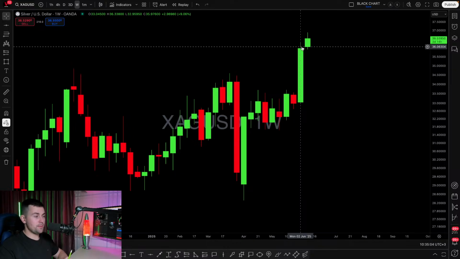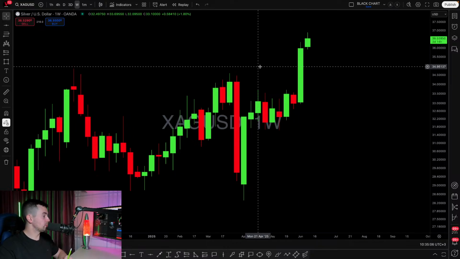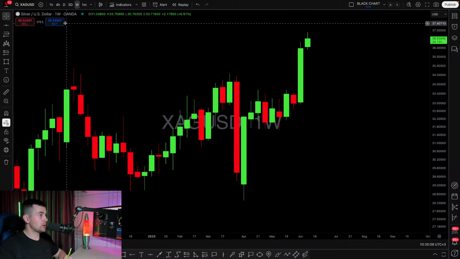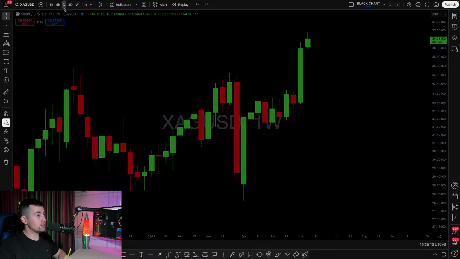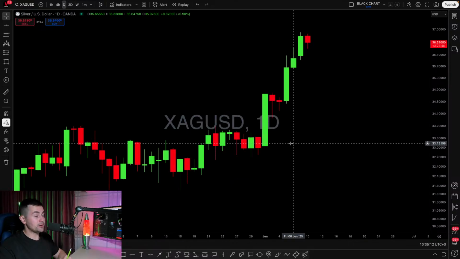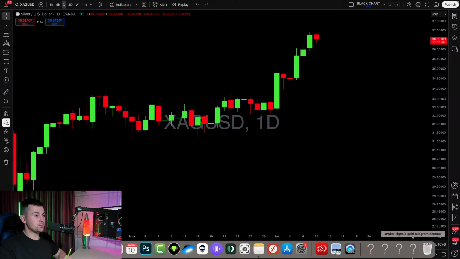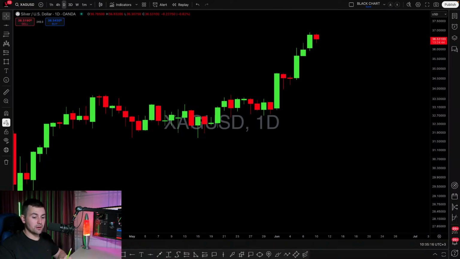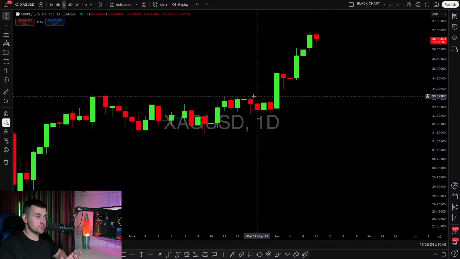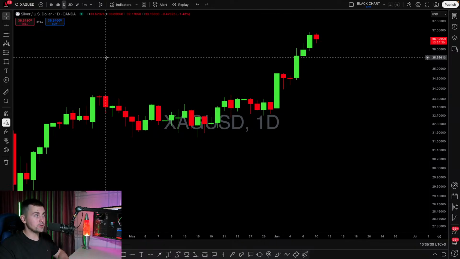Silver bounced rapidly, and we got a very strong bullish rally yesterday. And to be honest, I haven't found a good reason why exactly this bullish rally occurred. I haven't found any solid fundamental clarification why the market started to rise like that.